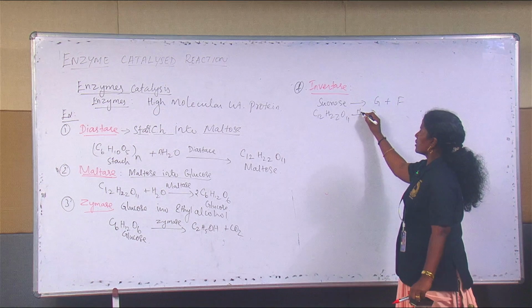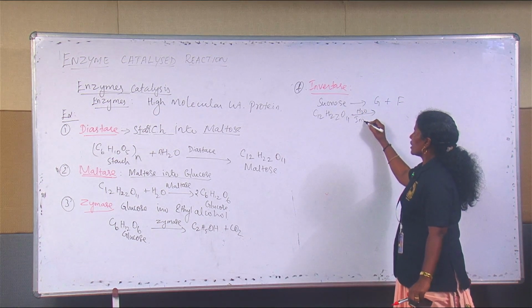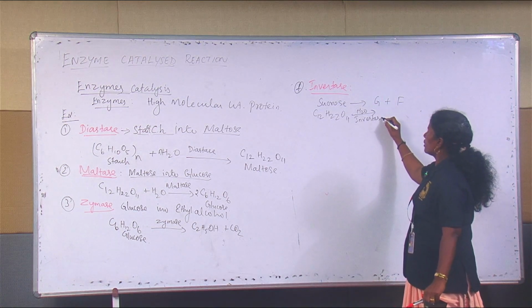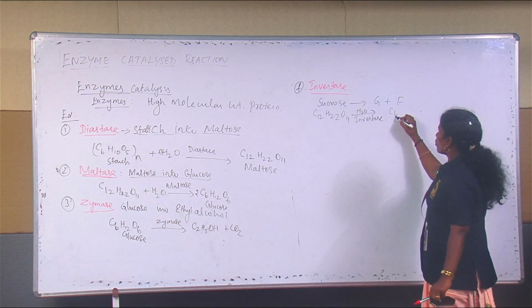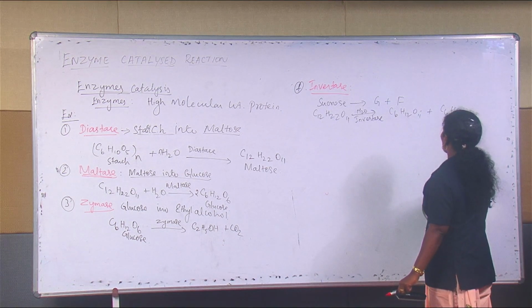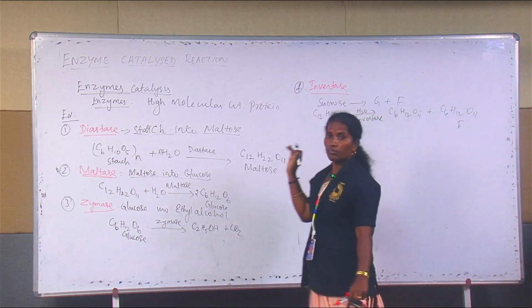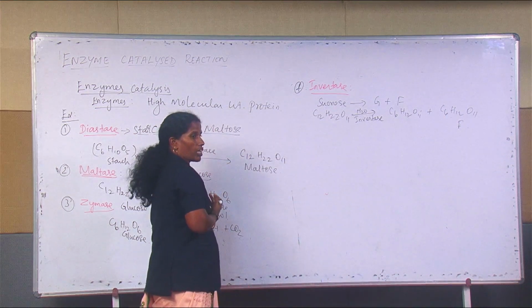Its hydrolysis in the presence of the enzyme invertase forms glucose, C6H12O6, plus fructose, C6H12O6. This reaction is otherwise called inversion of cane sugar.